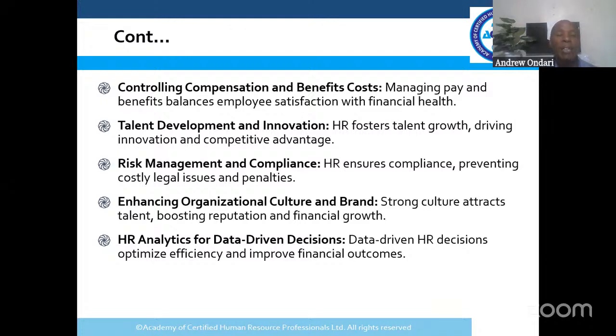The other aspect is risk management and compliance. We mentioned earlier on in our presentation, I think on Monday, these types of compliance, which include legal compliance. So compliance has to do with ensuring that we adhere to the quality standards and the legal requirements or regulations. What are the costs associated with non-compliance?